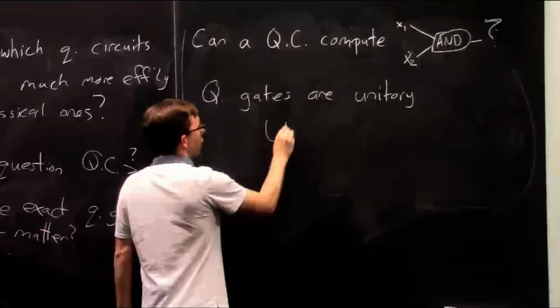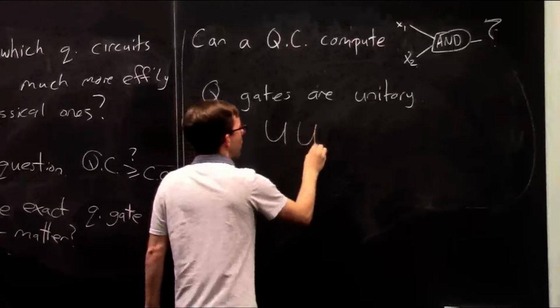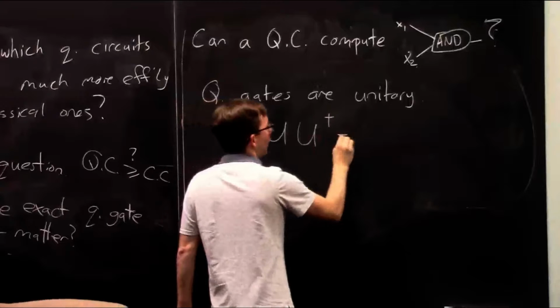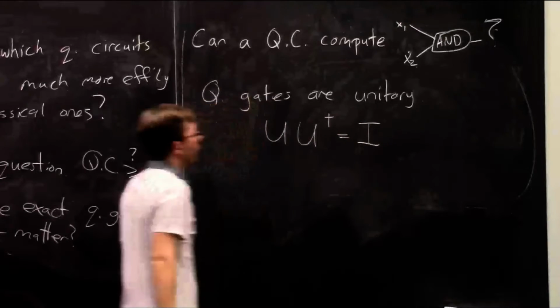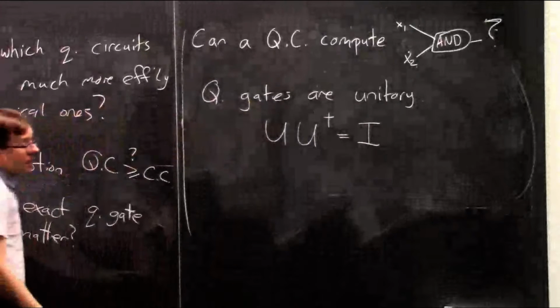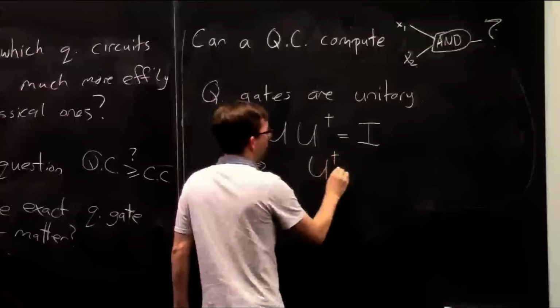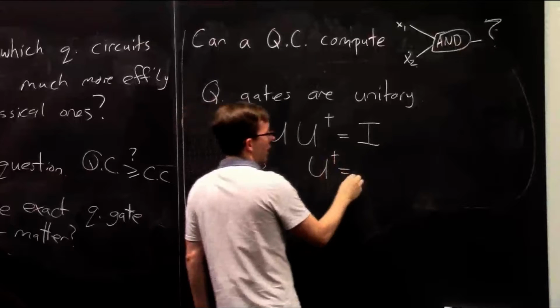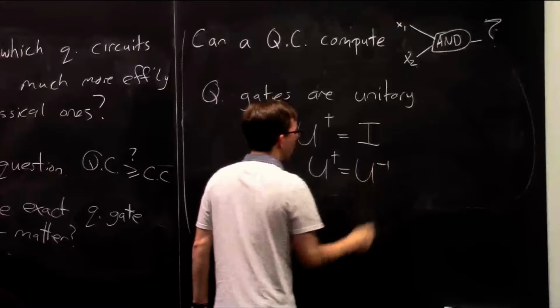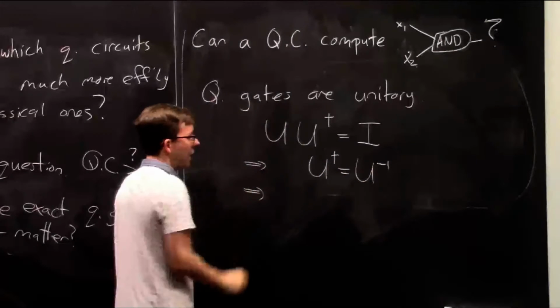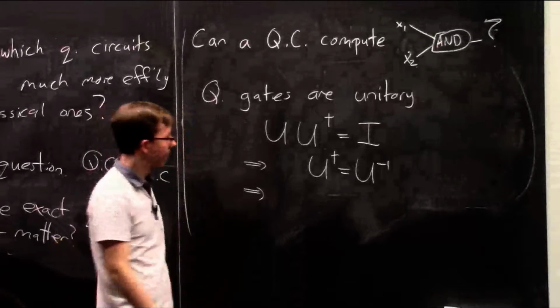These are linear transformations U that satisfy this equation: U dagger U equals the identity. And in particular, that means that U dagger, the conjugate transpose, is U inverse, which means U inverse exists.